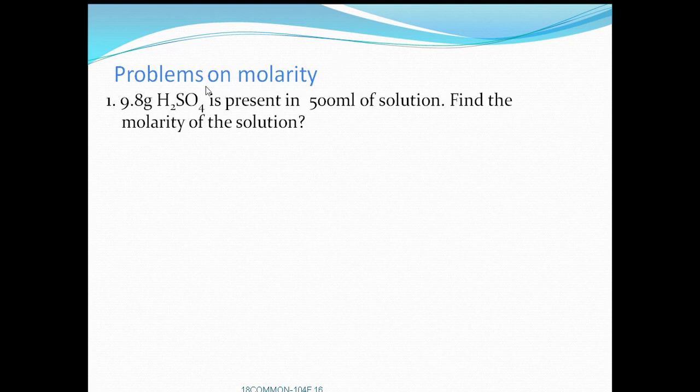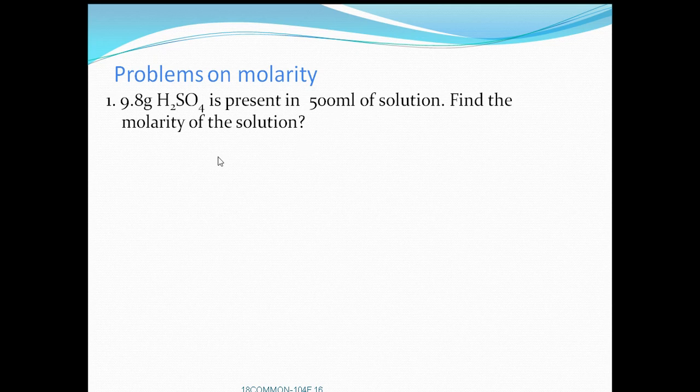We have to discuss one by one. So first one: 9.8 grams of H2SO4 is present in 500 ml of solution.